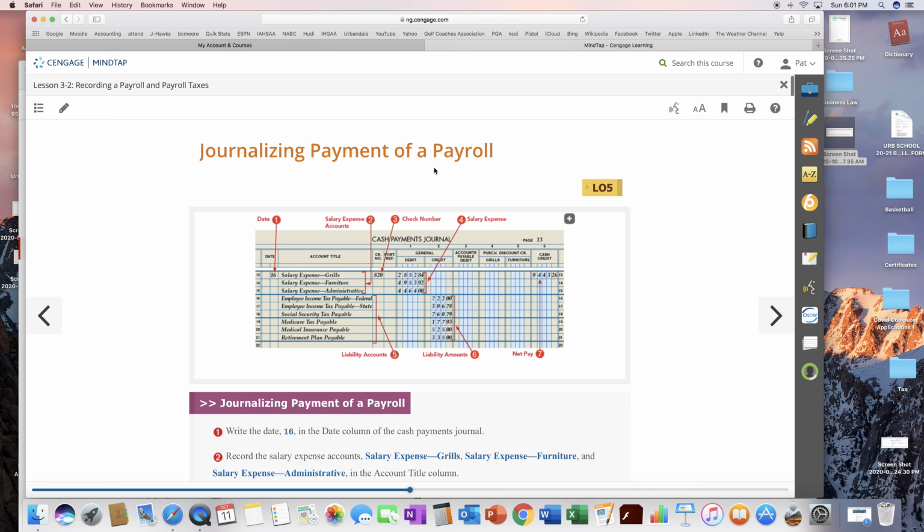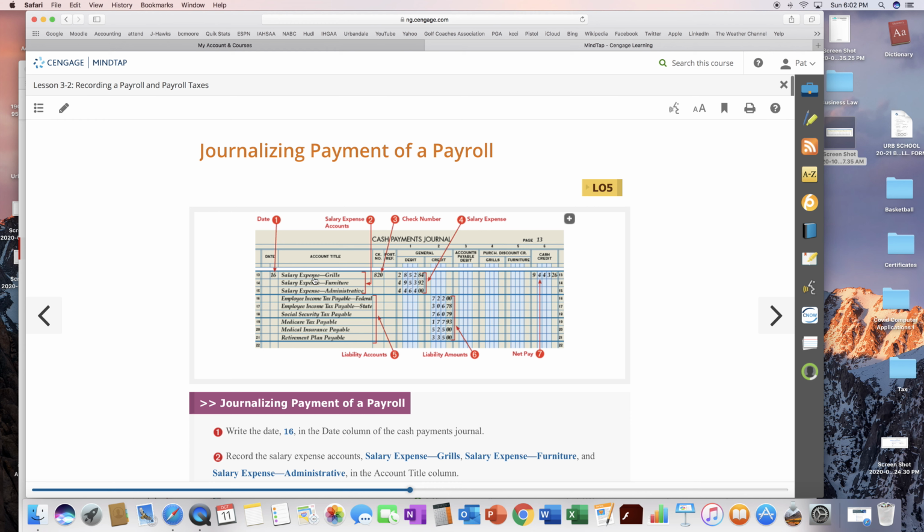So first, we're going to journalize the payment of payroll. When we're paying payroll, you're going to have all the different pay going through. If you remember the payroll register, we had grills, furniture, and administrative. We had the total earnings section.